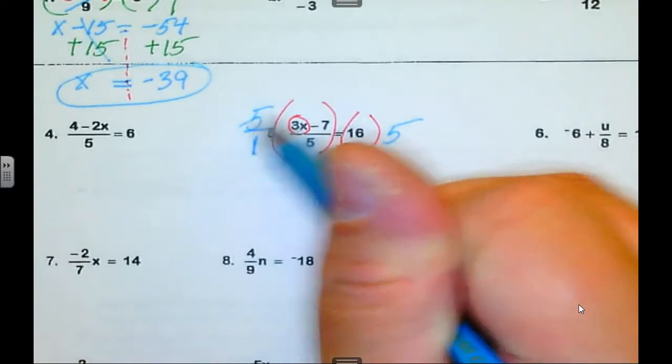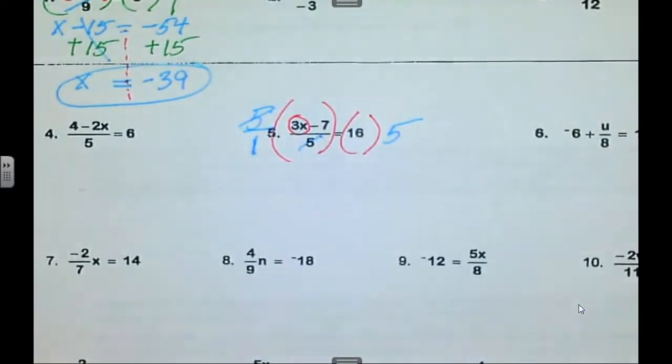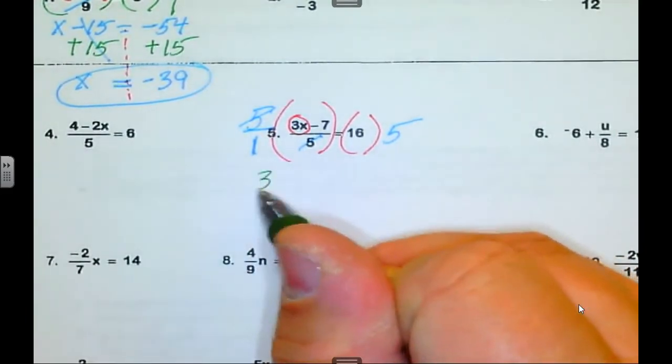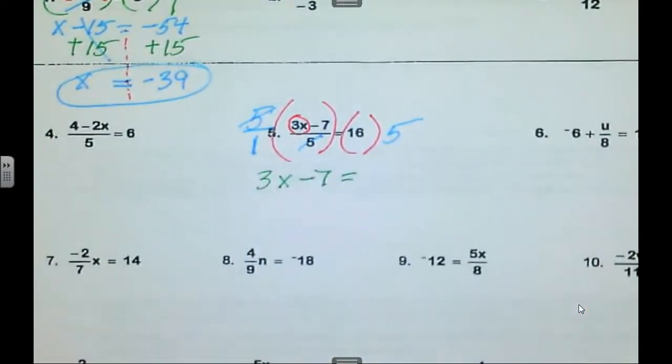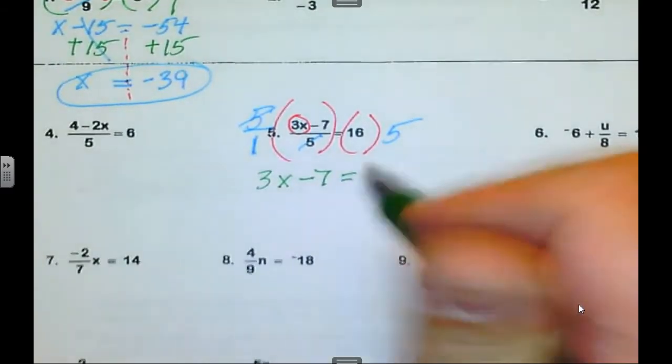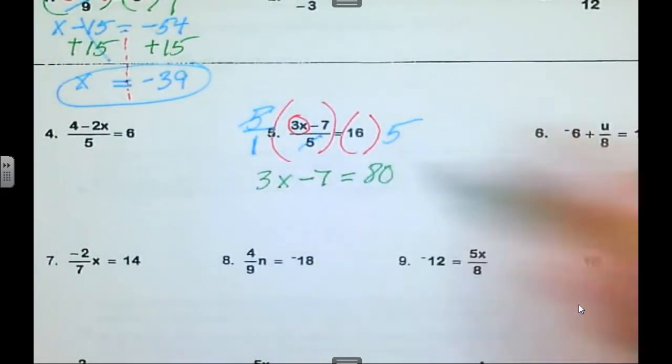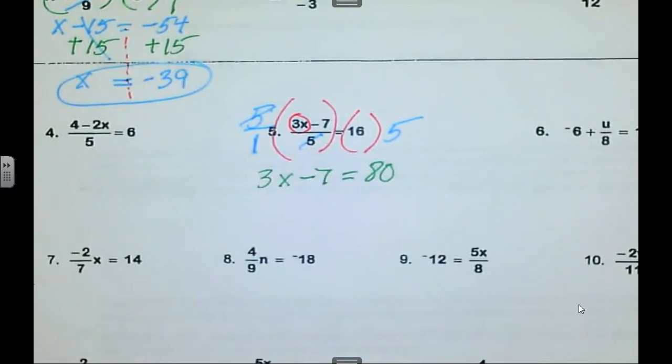My 5's cancel to 1. 1 times the numerator is just my numerator. 3x minus 7 equals 16 times 5. That's right, 80.